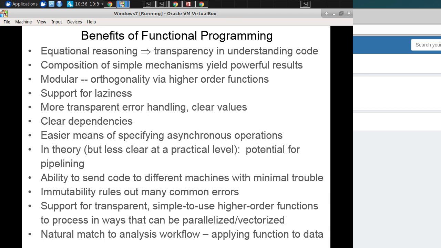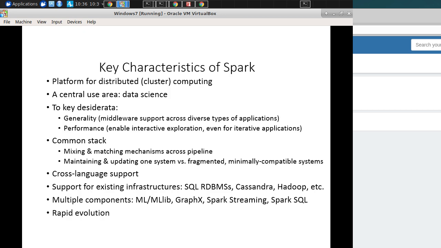And more than that, it has a kind of natural match to the analysis workflow.